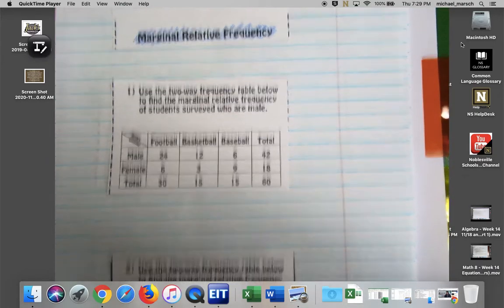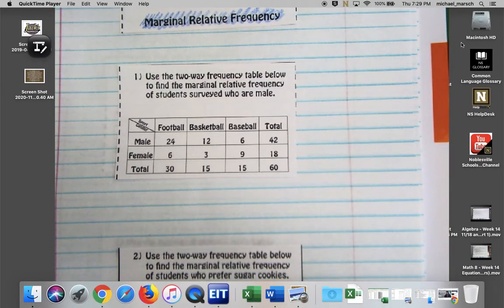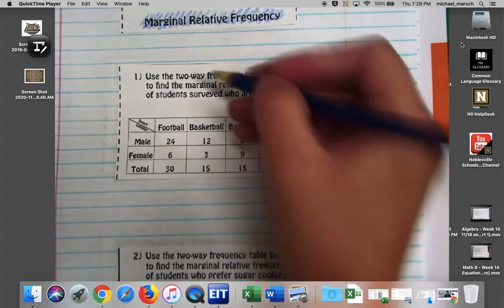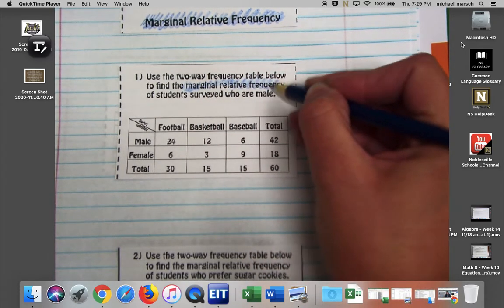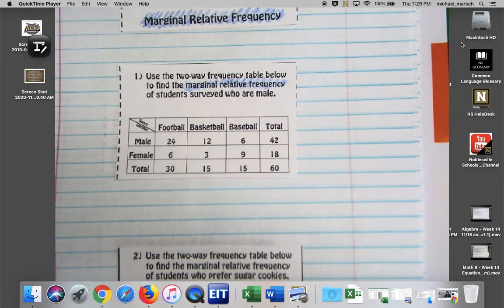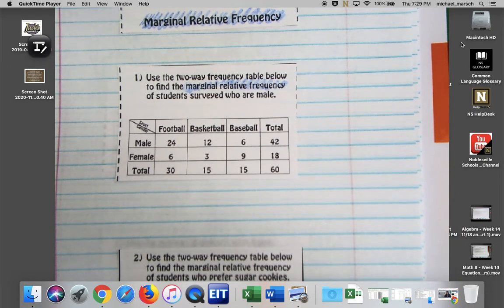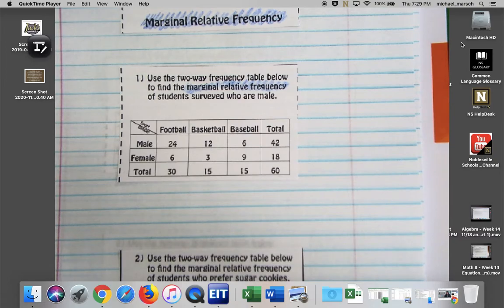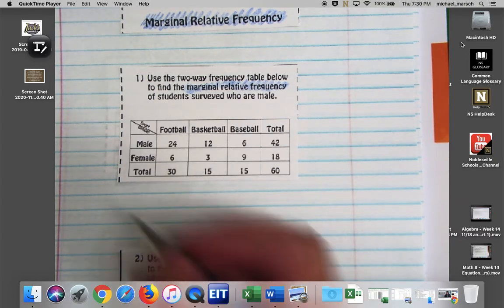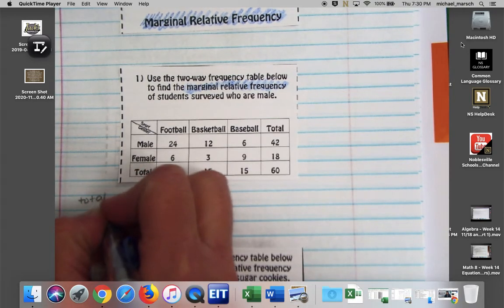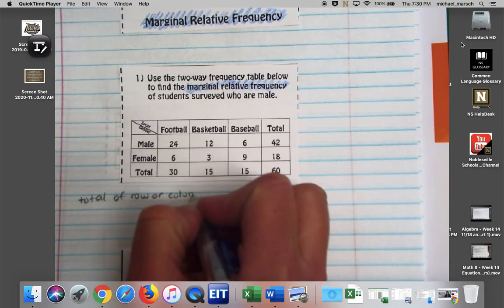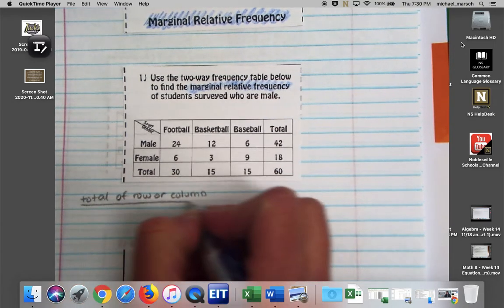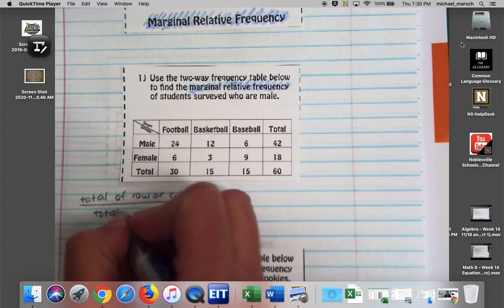And it says use the two-way frequency table below to find the marginal relative frequency of students surveyed who are male. So how many out of the survey are boys? So this ratio is set up a little bit different. This is the total of the row or column, and we're comparing that to the total surveyed.